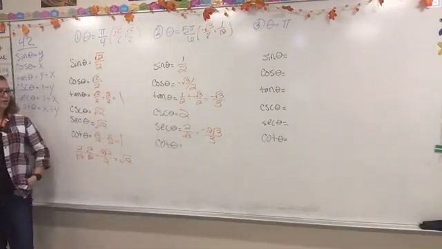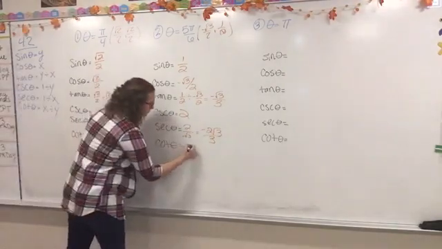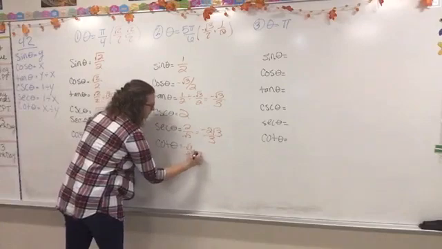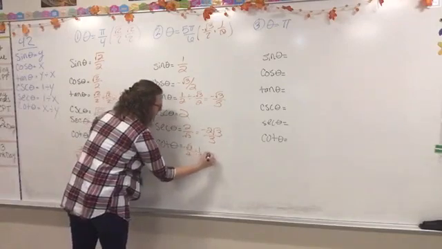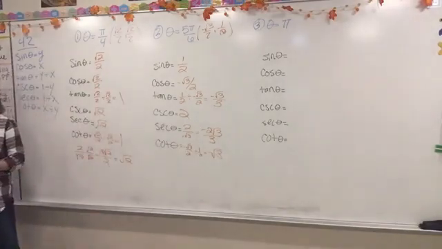Okay, so then what do we get for cotangent? Negative square root 3. All right, questions? You guys feel okay with that?